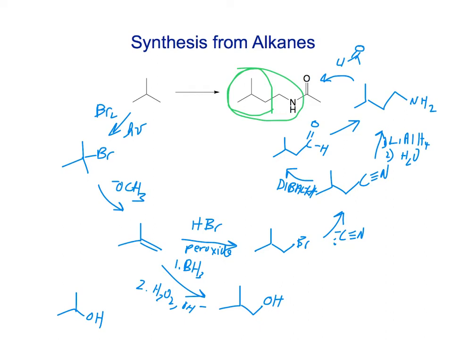So we could add ammonia along with sodium cyanoborohydride. Okay, so that was the reductive alkylation. And so it forms like an imine, and then it reduces it. And would it go to the primary amine?